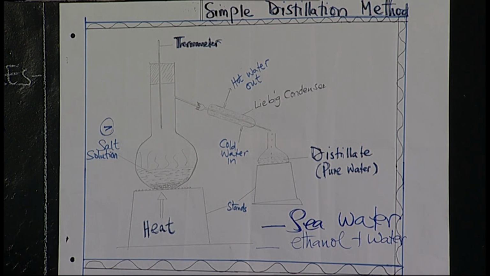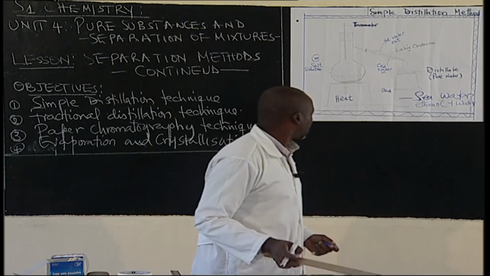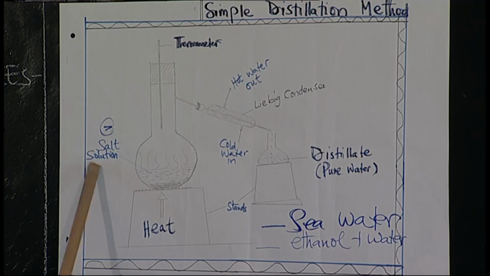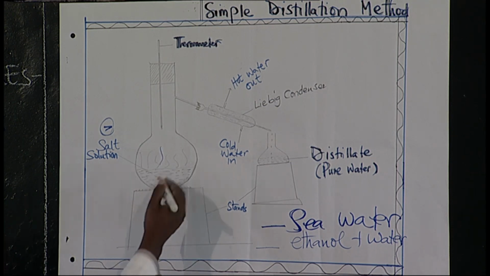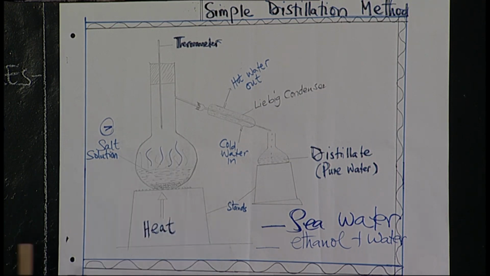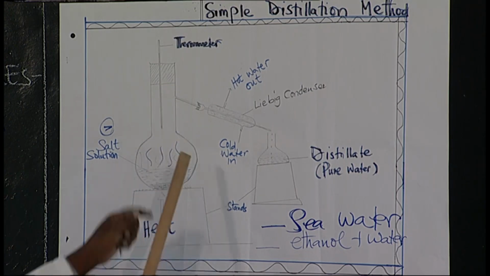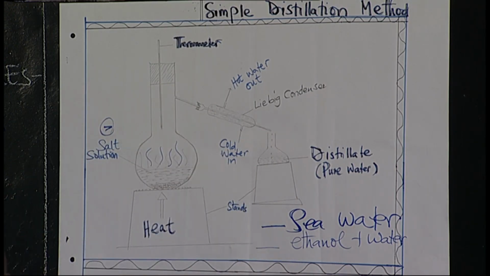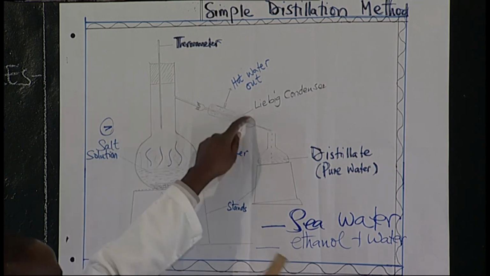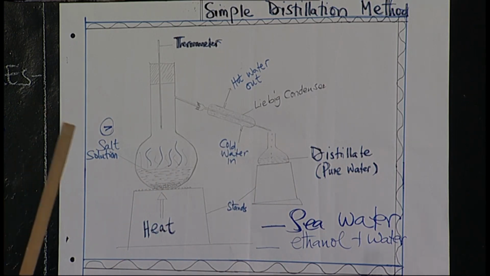So we are looking at the boiling points of these substances. When you heat the salt solution, the vapor comes out. The vapor of the water comes out and enters the Liebig condenser, where it is condensed.